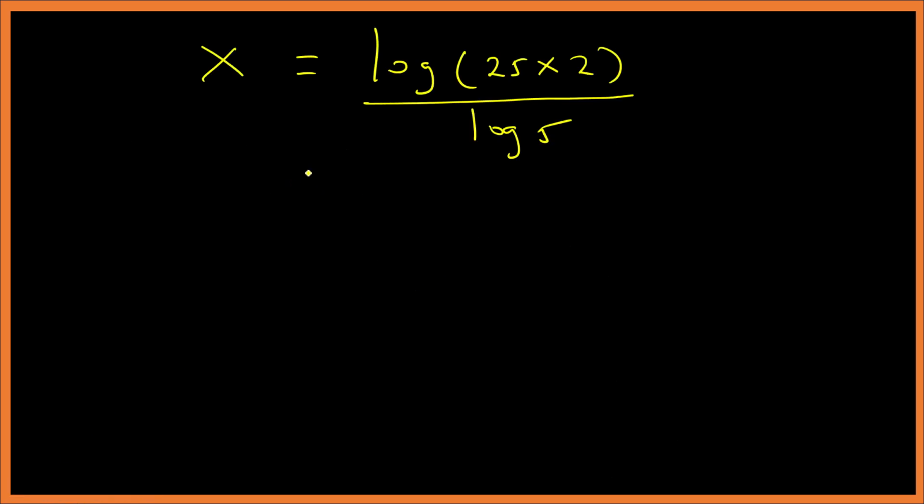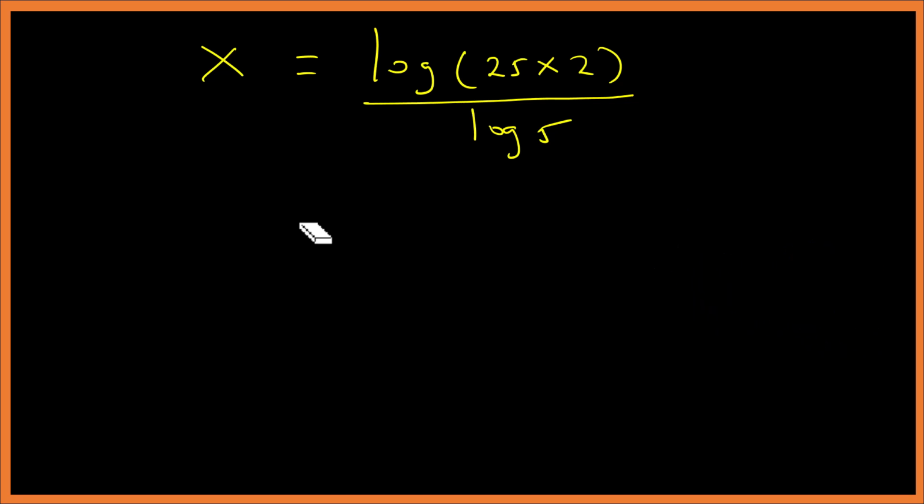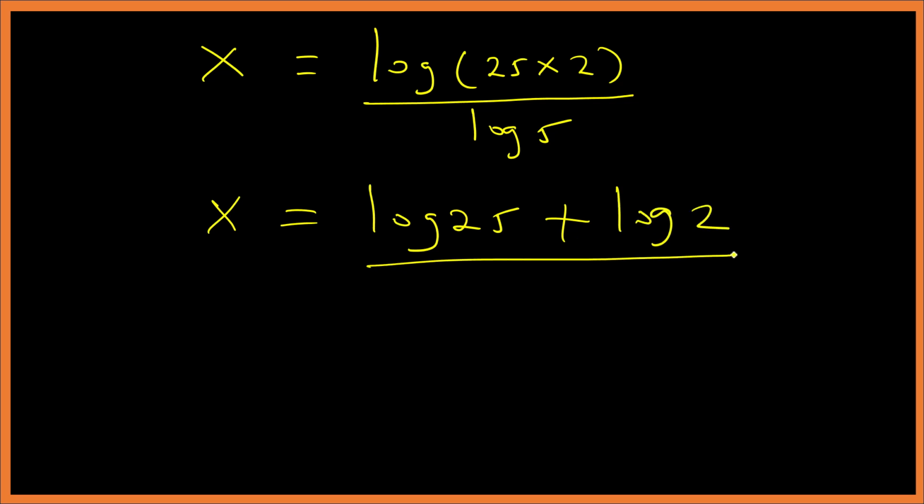So from here, log xy is the same as log x plus log y. So we can write this as x equals log 25 plus log 2 over log 5.